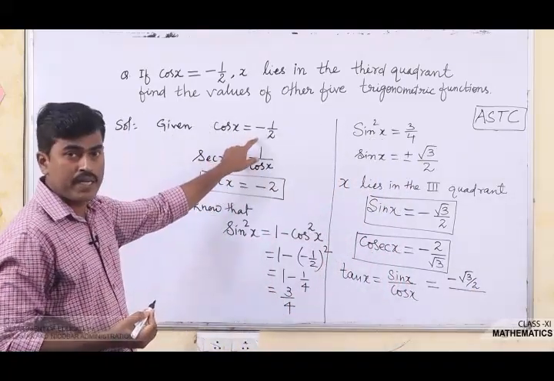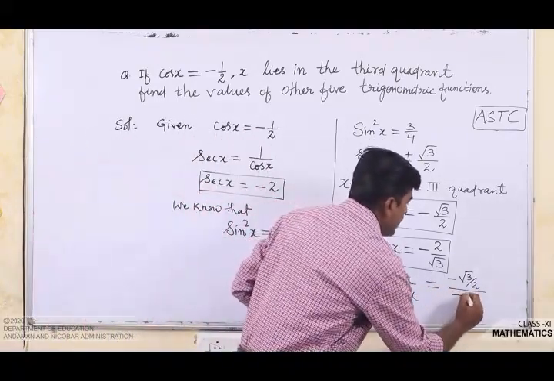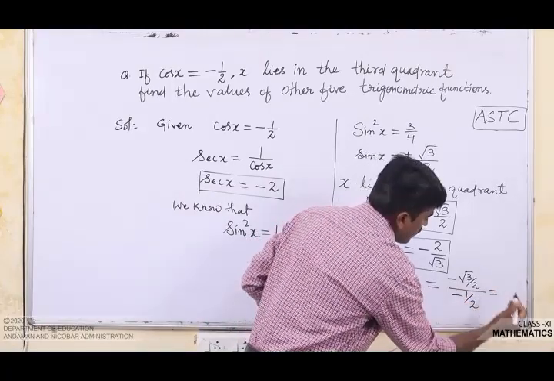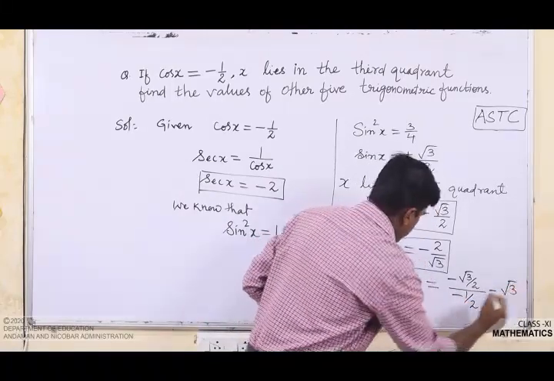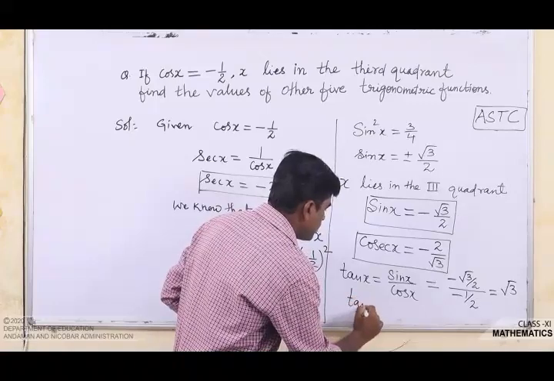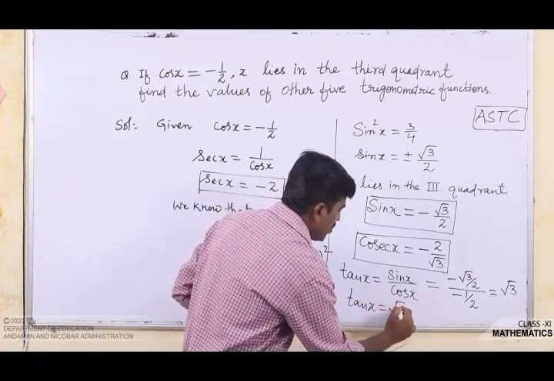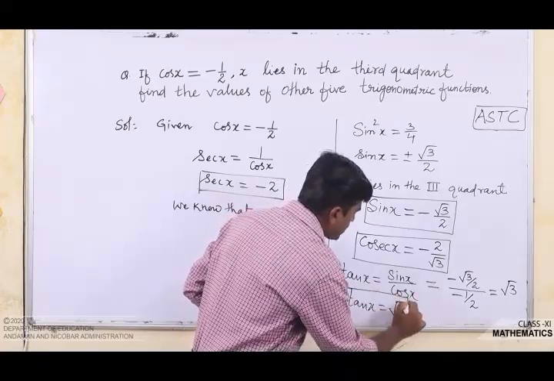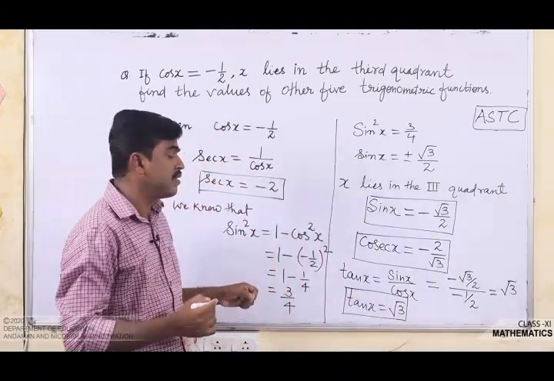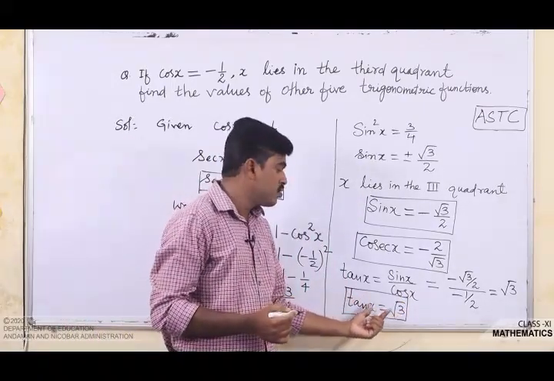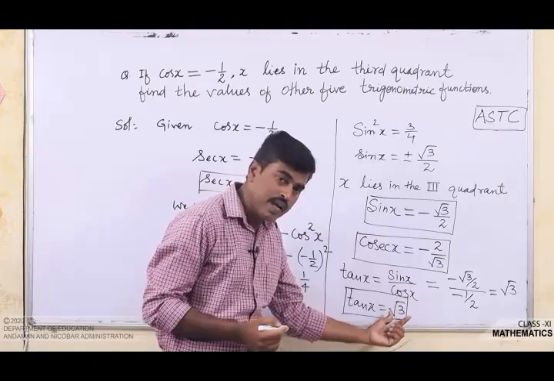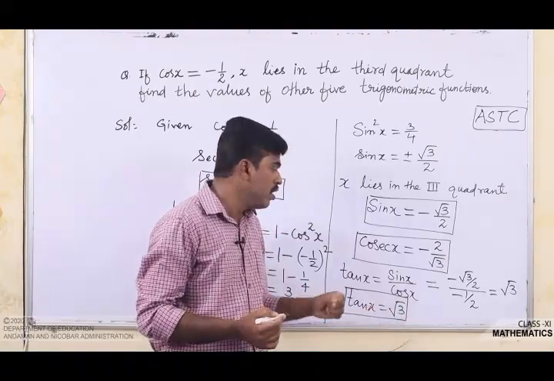Cos x is equal to minus 1 by 2. So it is minus 1 by 2. Just simplify it, you will get root 3. So the value of tan x is root 3. Here x lies in the third quadrant and in the third quadrant tan is positive. So we also got the positive value of tan x, that is equal to root 3.